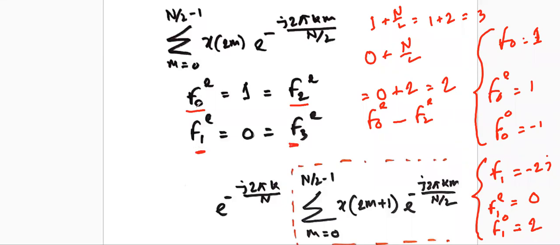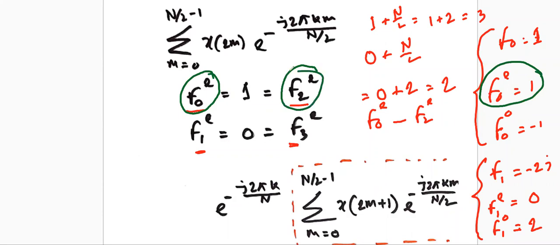So we already know, if f0e, where is that? f0e was 1. That means we already know what is f2e. We know f1e is equal to 0.